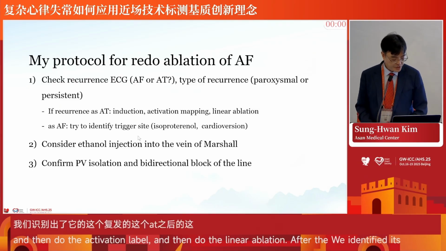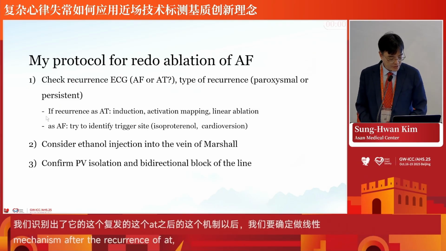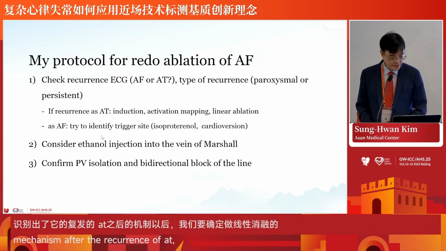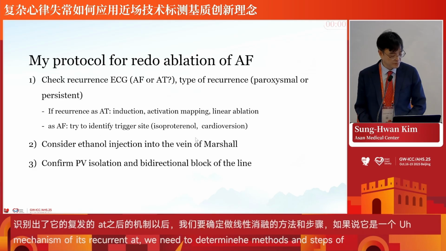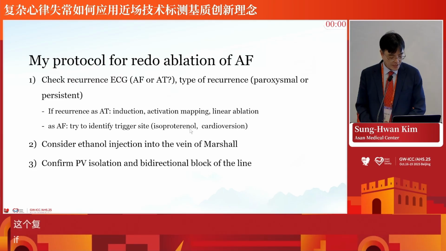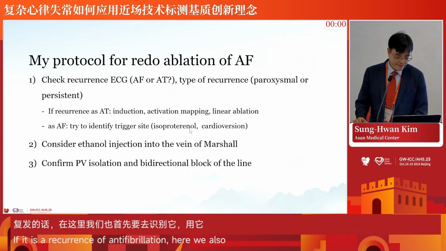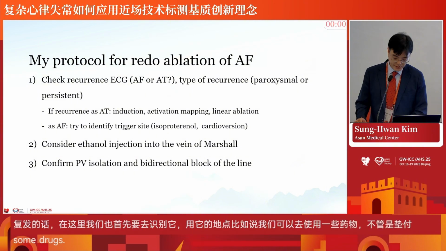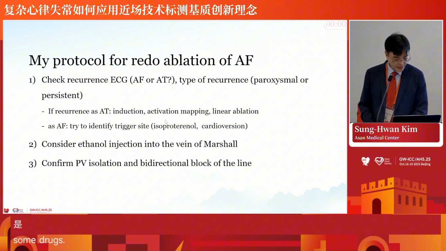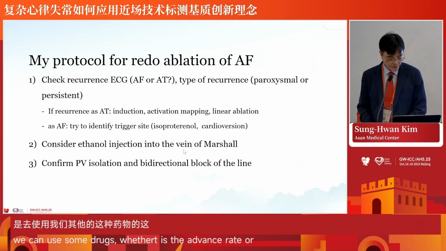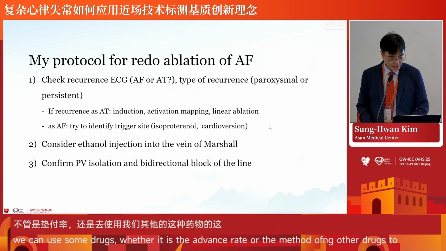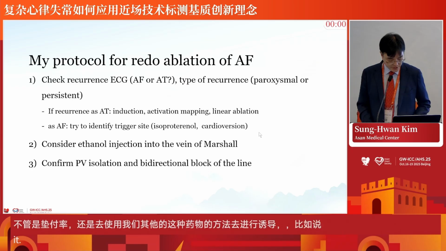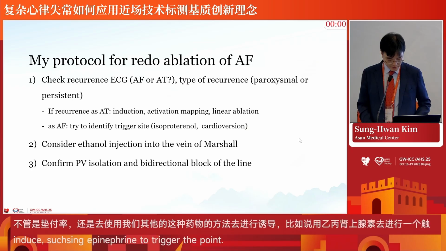In addition, if the recurrence is atrial fibrillation, I try to identify the trigger site with high-dose isoproterenol and cardioversion. If I cannot find any clinical tachycardia or any trigger site, I consider ethanol injection into the vein of Marshall. After that, I confirm the pulmonary vein isolation again and confirm the bidirectional block of the line again.